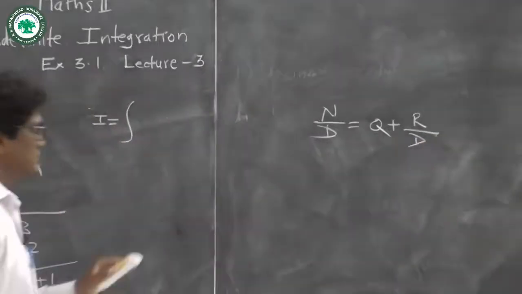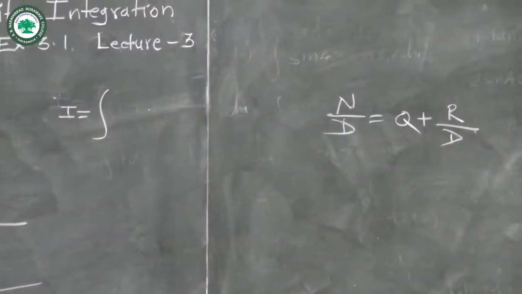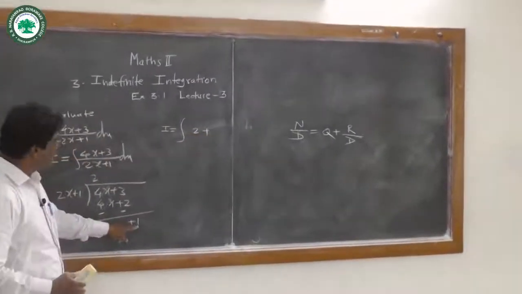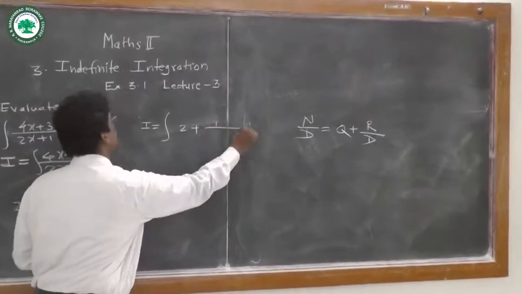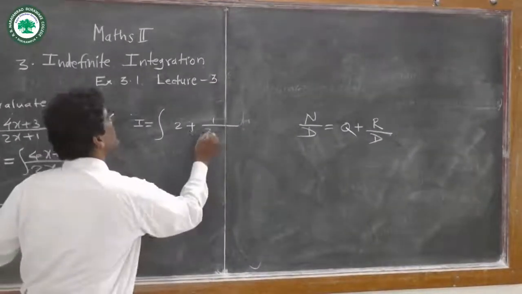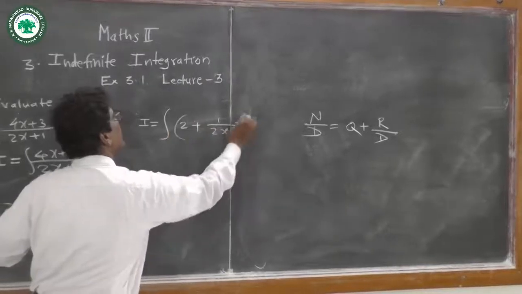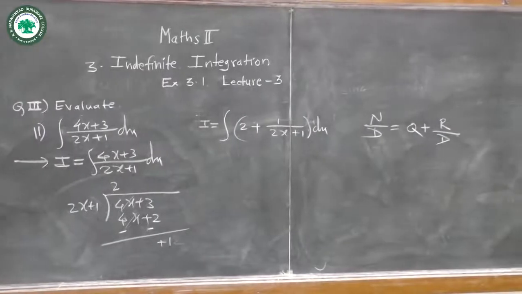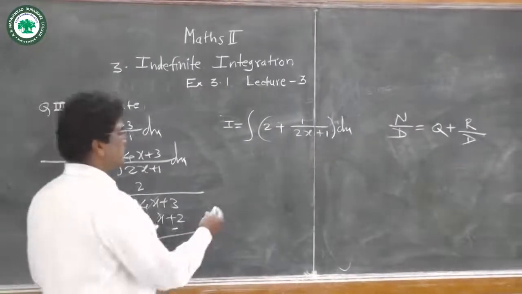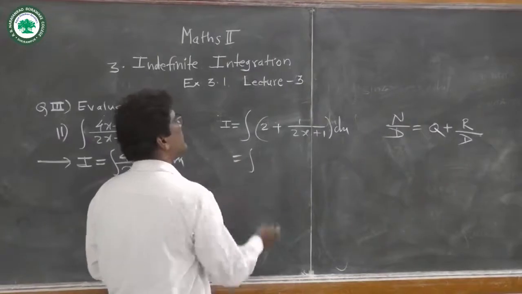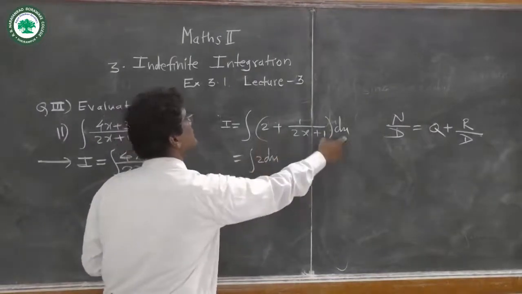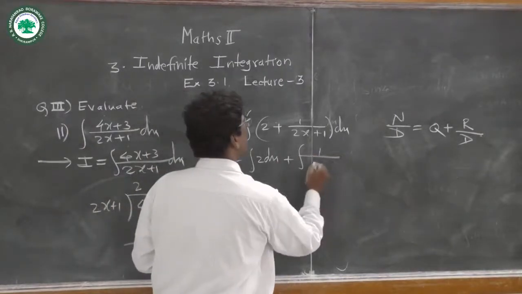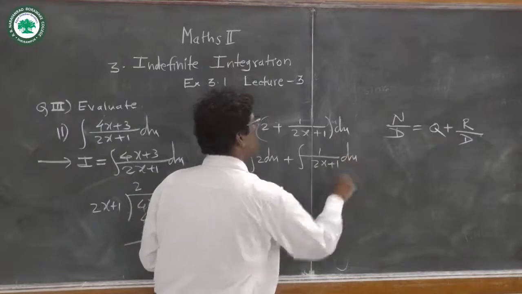Here the quotient is 2, so 2 plus remainder 1 divided by the denominator 2x + 1, and dx. Now take the separate integration. So this is equal to integration of 2 dx plus integration of 1 upon (2x + 1) dx.